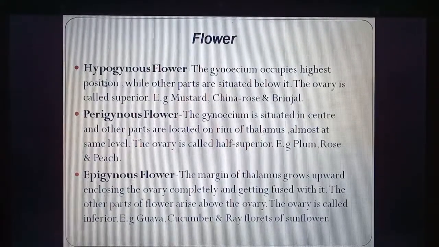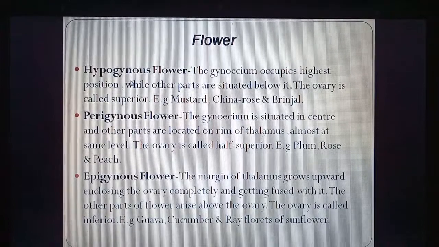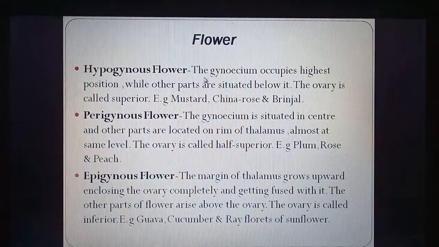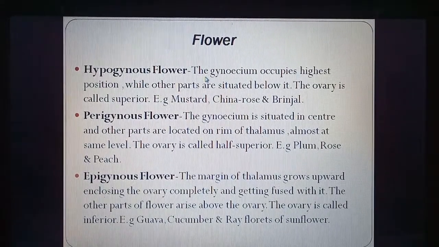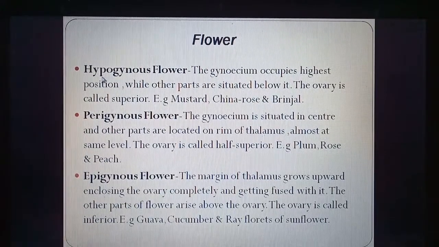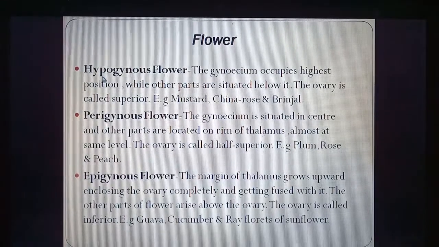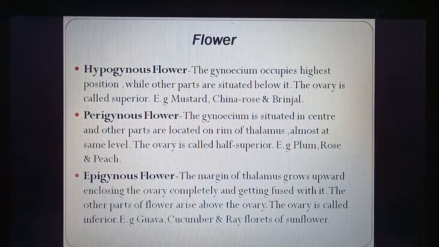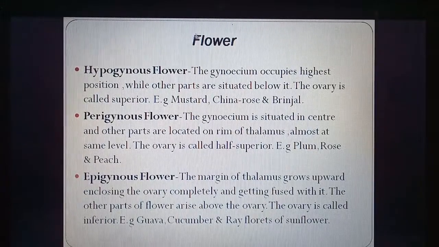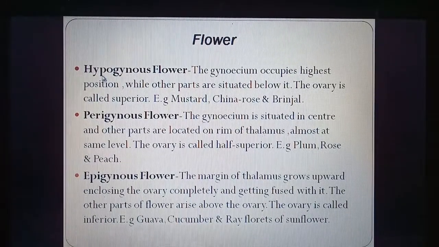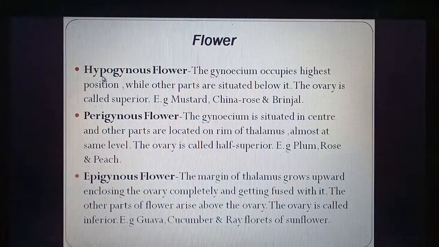Flowers can also be divided into three types based on the position of gynoecium or the female reproductive part. So hypogynous, hypo means below. So when the other parts or whorls like calyx, corolla, androecium, they are found below gynoecium, it is called hypogynous flower.